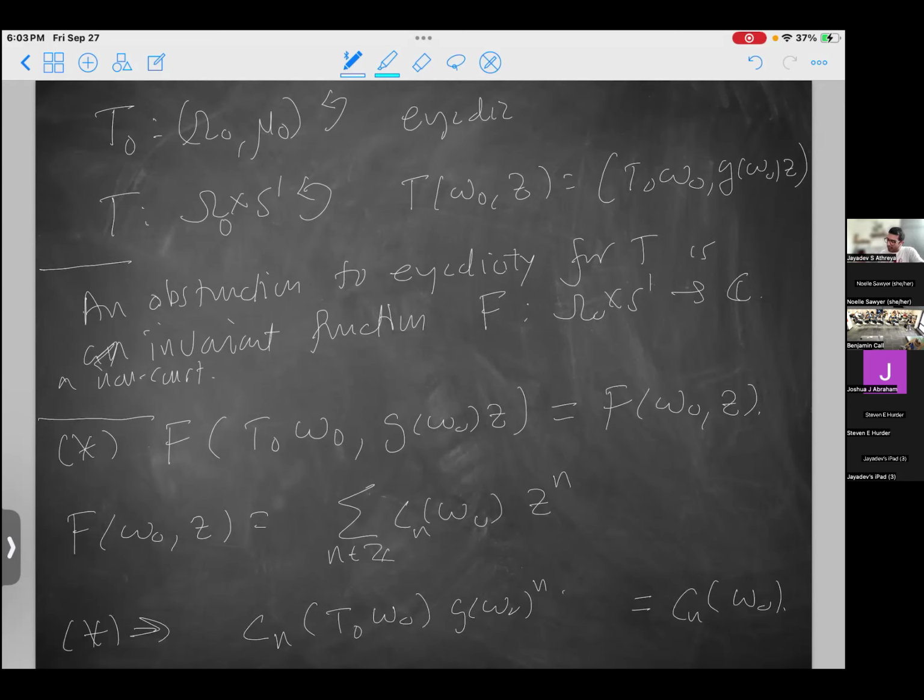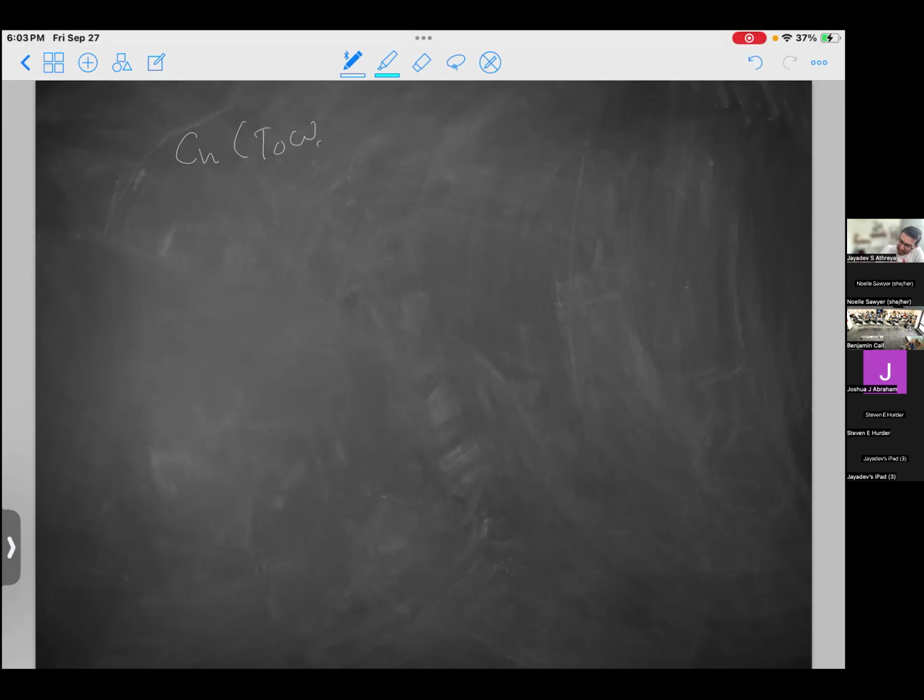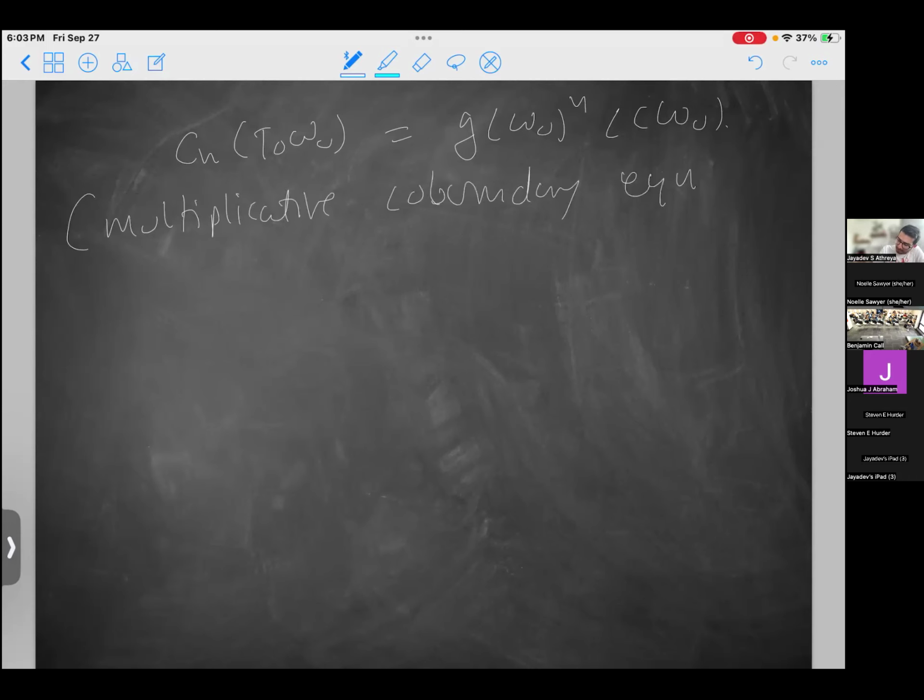And so what I get is an equation which looks kind of like the eigenfunction equation. In fact, it's what's called a multiplicative co-boundary equation.